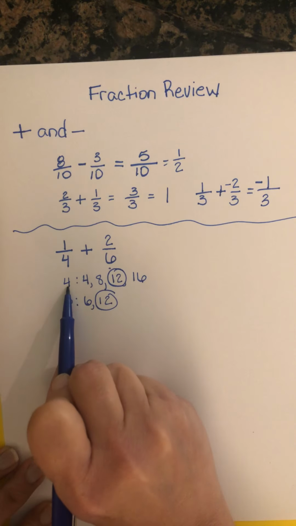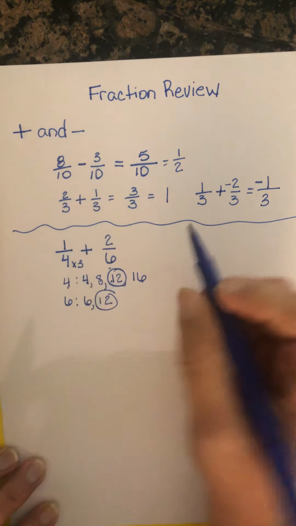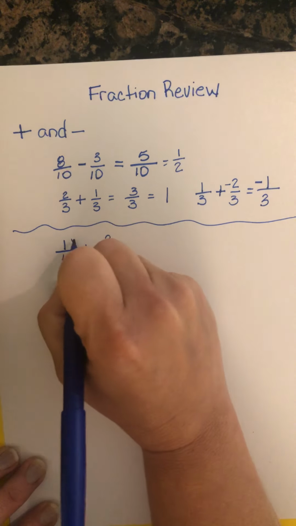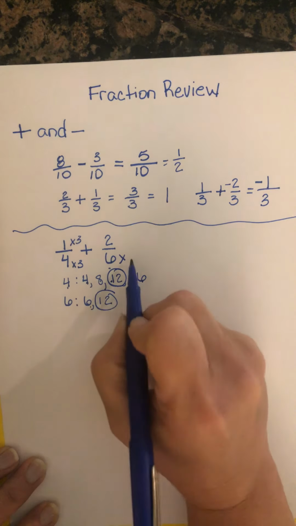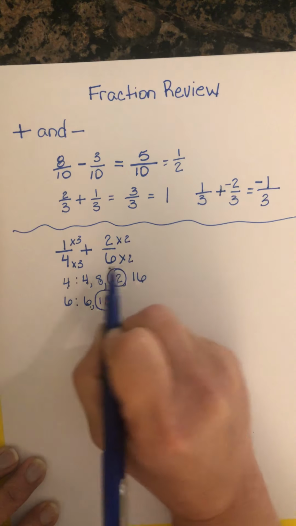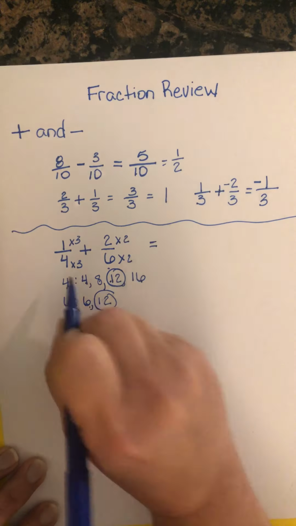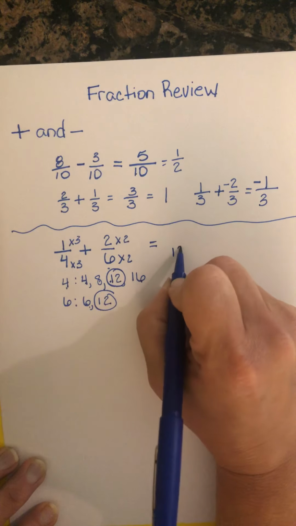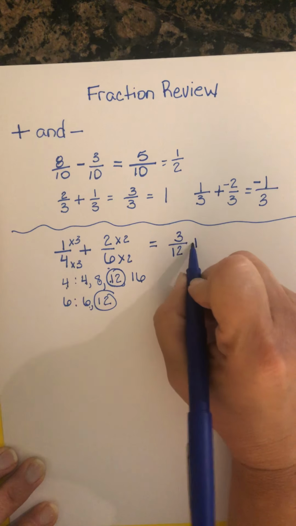So this is 4 times 1, 2, 3. So I'm going to do 4 times 3. Whatever you do to the bottom, you have to do to the top. Here is 6 times 1, 2. So 2 times 2, because whatever you do to the bottom, you have to do to the top. So this is going to be 4 times 3 is 12. 3 times 1 is 3.